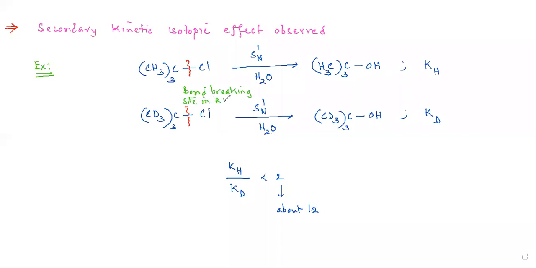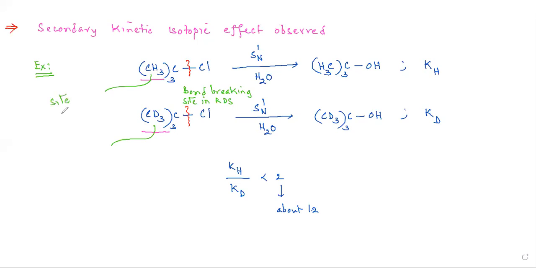If suppose the bond breaking site in the rate determining step involves the cleavage of a carbon hydrogen bond, and if you find any difference in the rates, then we call that the primary kinetic isotopic effect. But here in this case, we are going to consider something other than the bond breaking site. This is where we have considered isotopes.